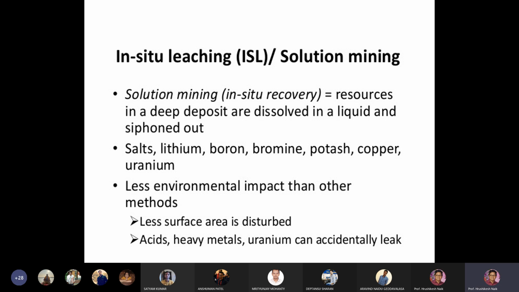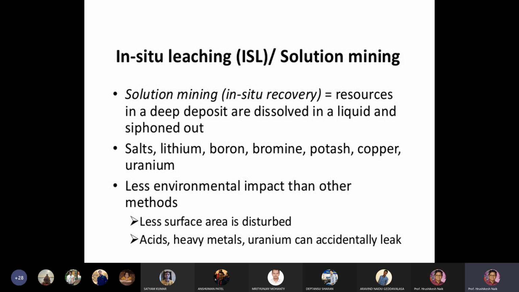If you are going for in situ leaching or solution mining, it will have less environmental impact than any other method of mining. There will be less environmental impact compared to surface mining or underground mining.